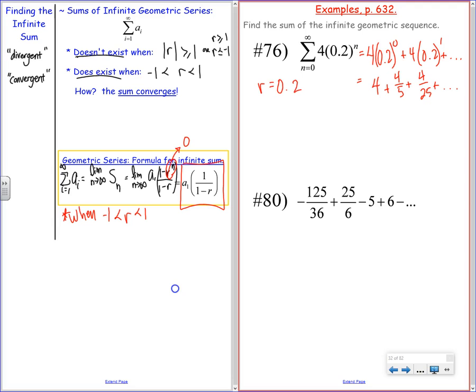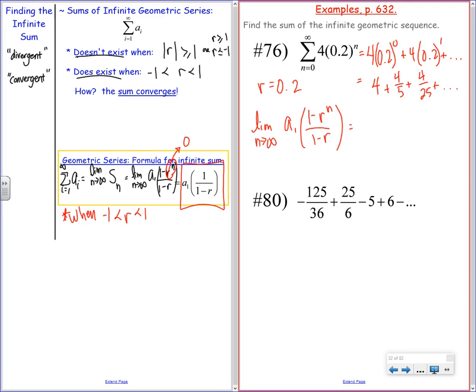So here's my question. Convergent or divergent? If r is equal to 0.2, look at your conditions. If r is equal to 0.2, does that make sense? So we could say, oh, this big nasty infinite sum, I can just take the limit, or think about the limit as I plug into my s sub n formula, which is one I have to memorize anyway.